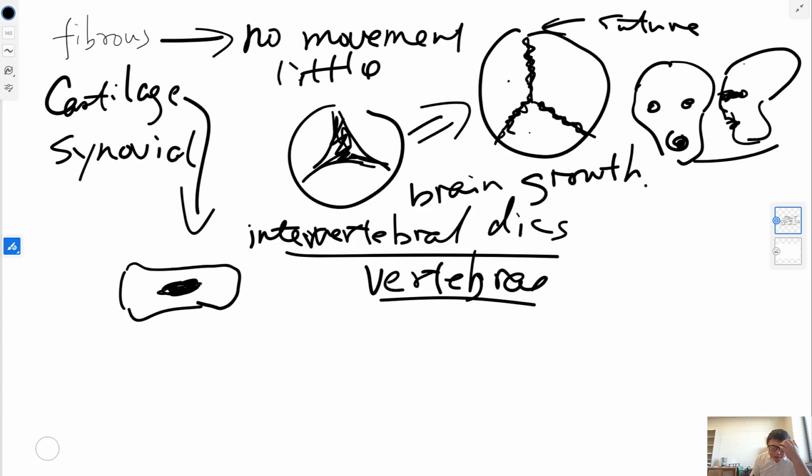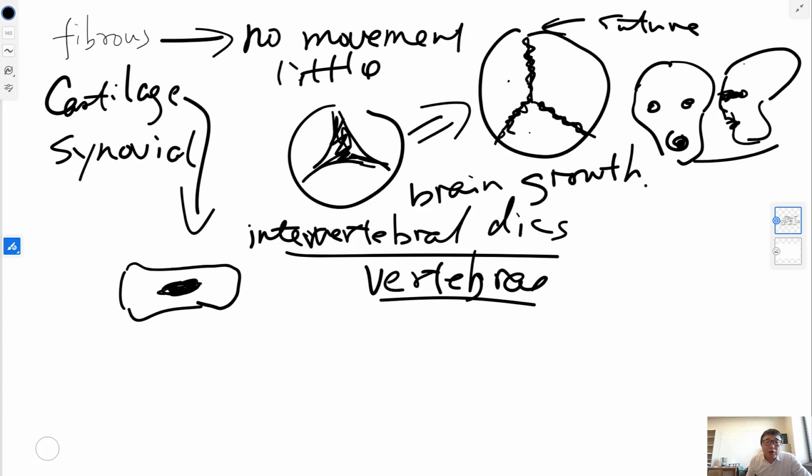The reason our spine can be so flexible is largely because the intervertebral disc is very flexible and elastic.